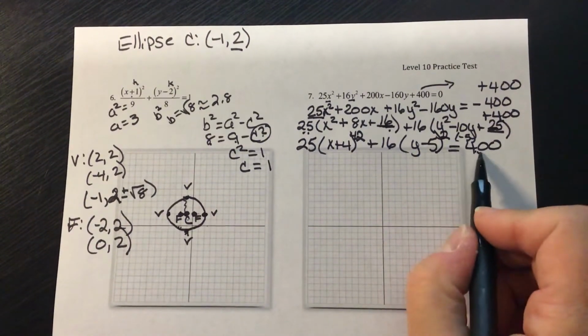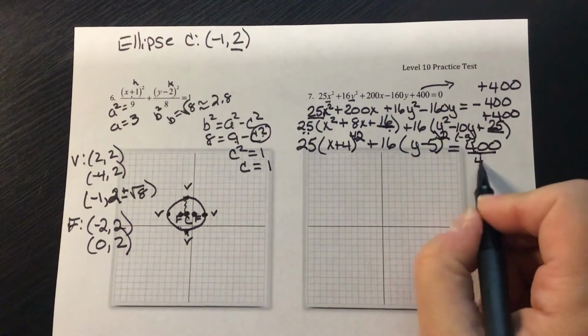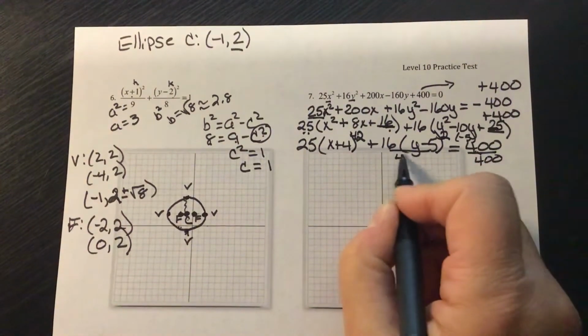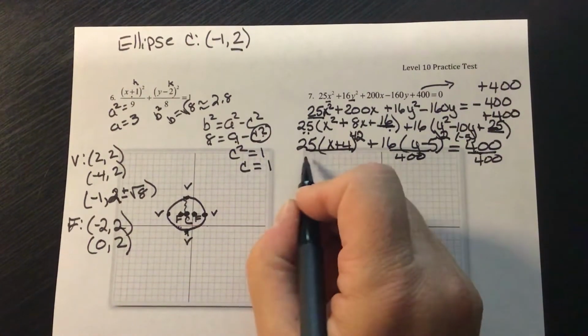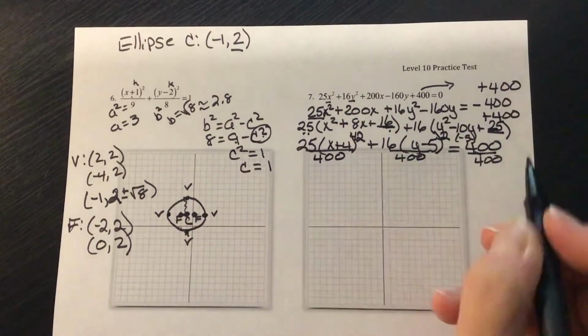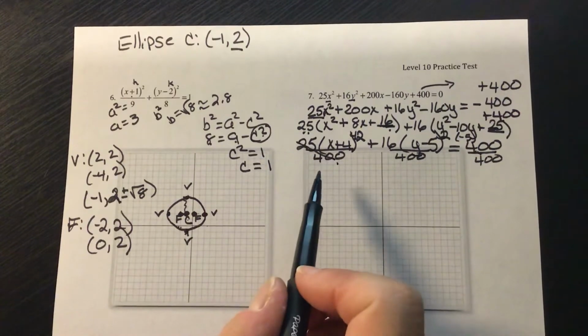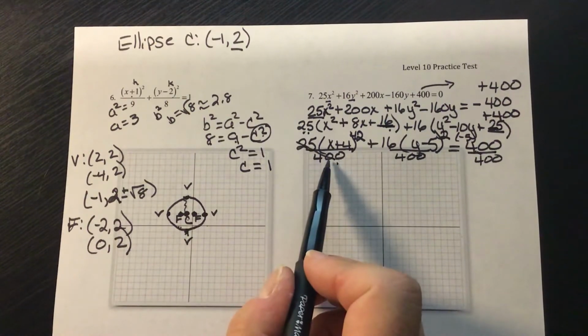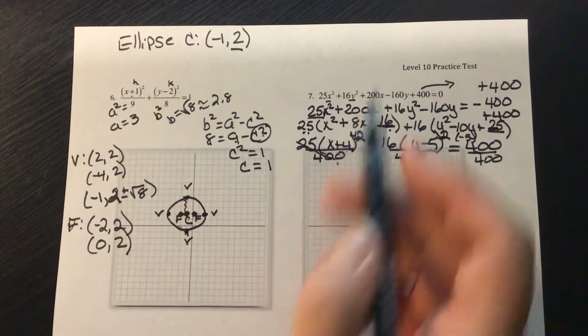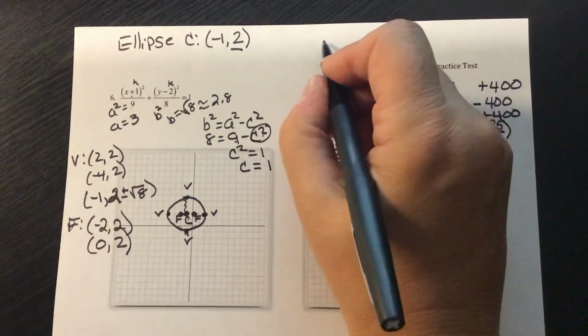I need a 1 here, so I'm going to divide by 400 on all parts. And we're going to clean this up a little bit. When I cancel these, 25 goes into 400 16 times, so I'm going to have 16 on the bottom. Let's write this up here nice and neat.